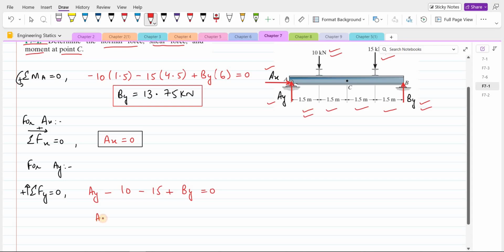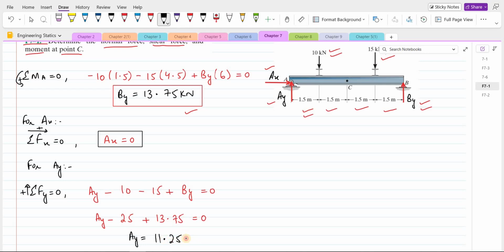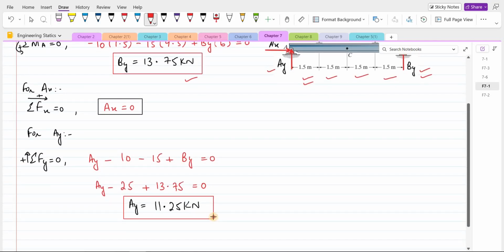So we have Ay minus 25 and By is 13.75 kilonewtons equals 0. Upon simplification, Ay comes out to be 11.25 kilonewtons. So these are our support reactions.